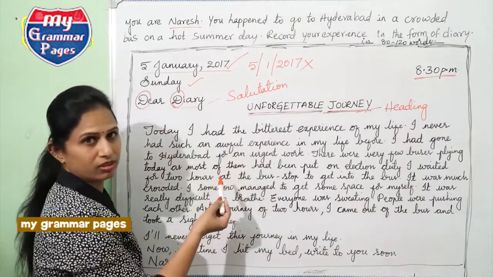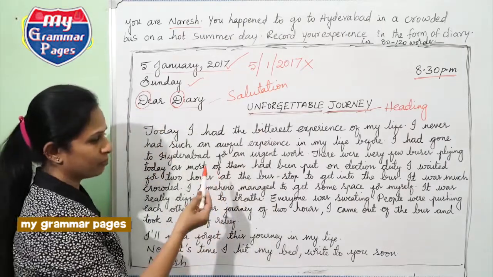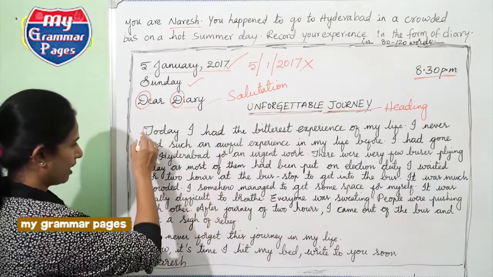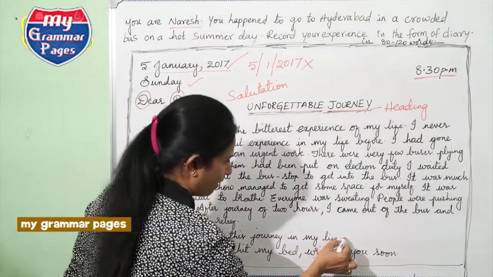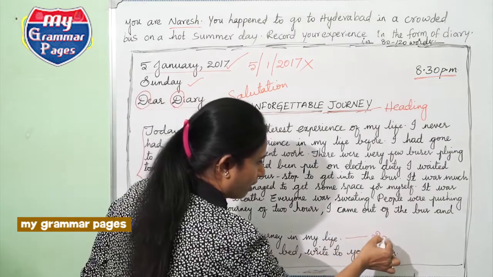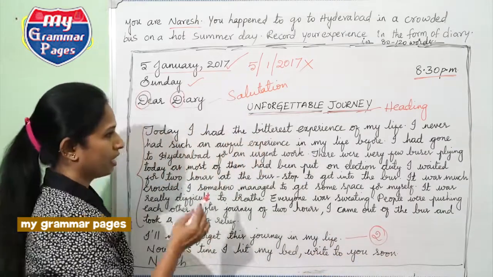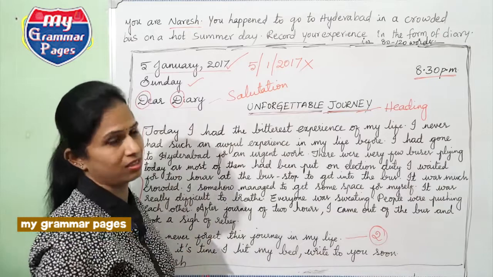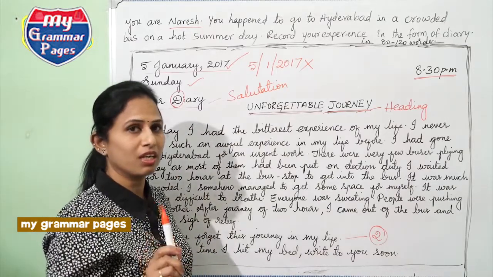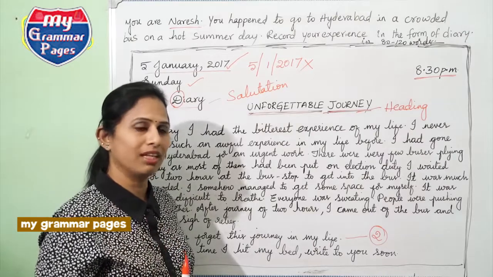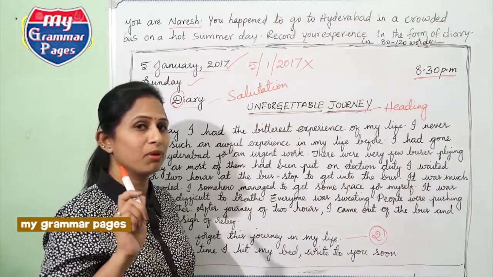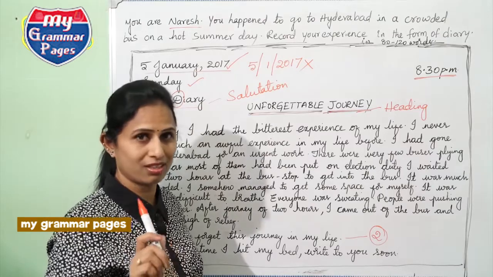And coming to the main body. I told you at the beginning, this is paragraph number 1, and I have taken only one sentence in paragraph number 2. In paragraph number 1, as discussed earlier, it should be in first person narrative, and you need to maintain simple past or past perfect tense.